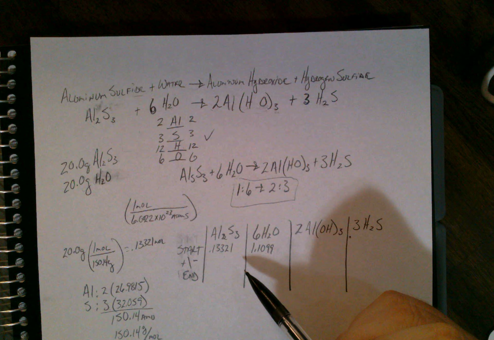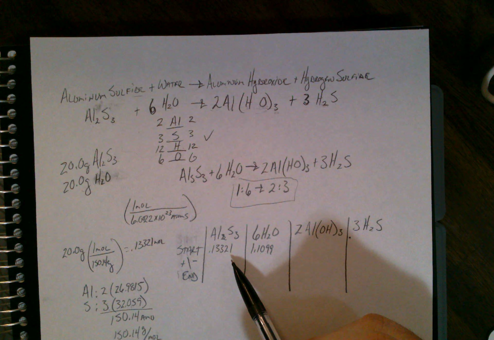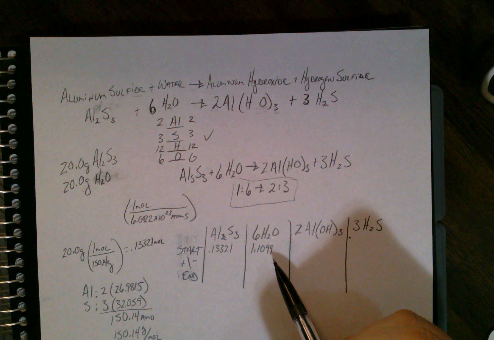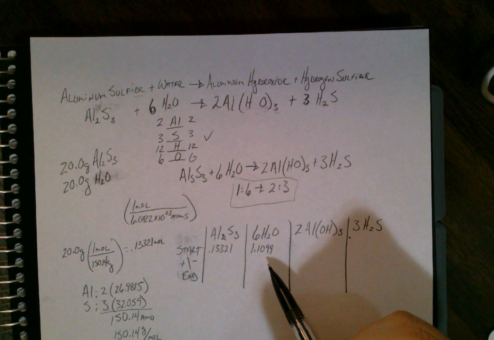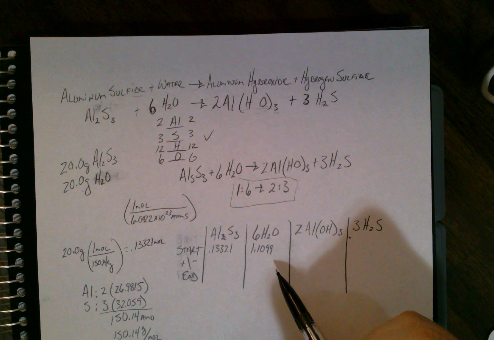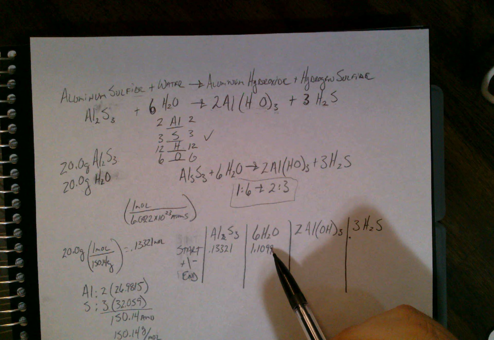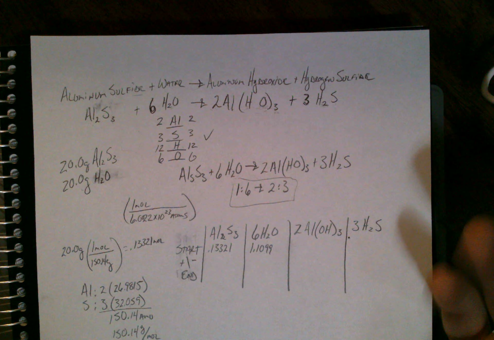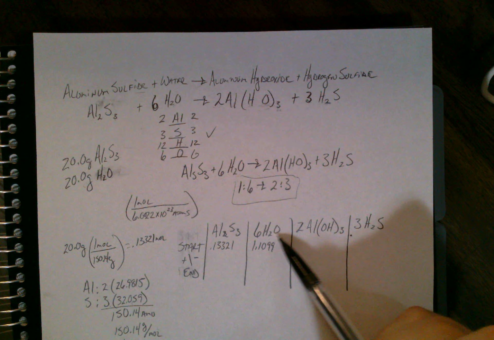So if you plug that in, 0.13321 times 6, you actually don't get this exact number. You get 0.79926, which is less than this number. So that means we have enough water to make all of this react. So water is not the limiting factor.